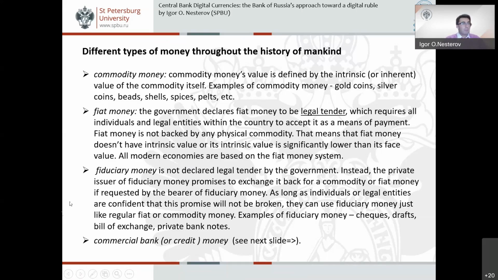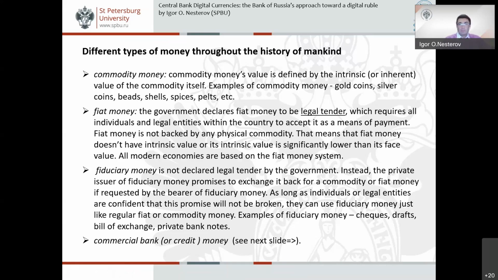Actually, commodity money is the simplest and the oldest form of money. It was closely related to the barter system, where goods and services were exchanged directly for each other. And commodity money just facilitated this process because commodity money acted as a generally accepted medium of exchange.